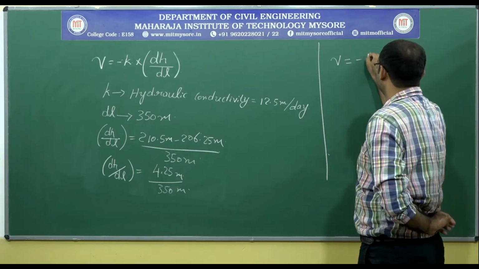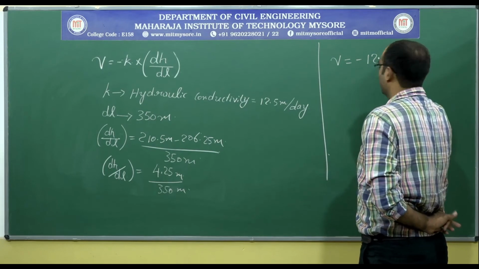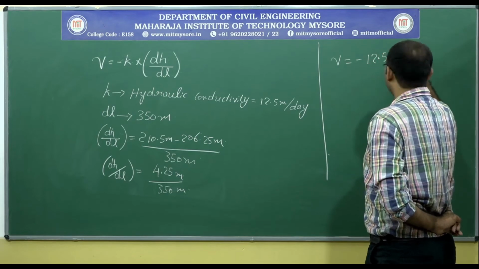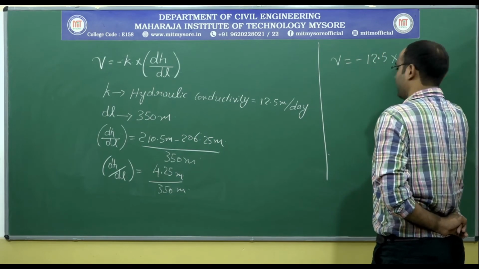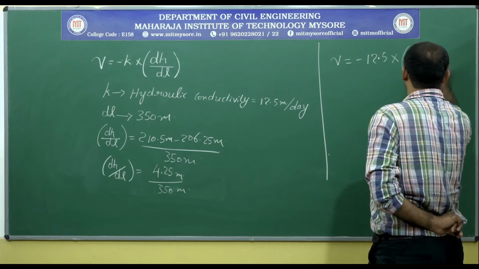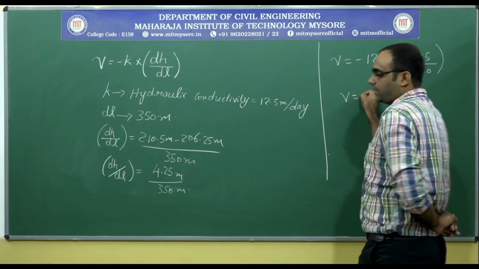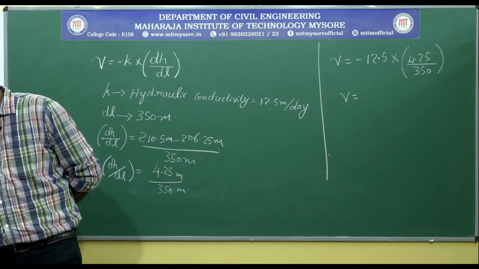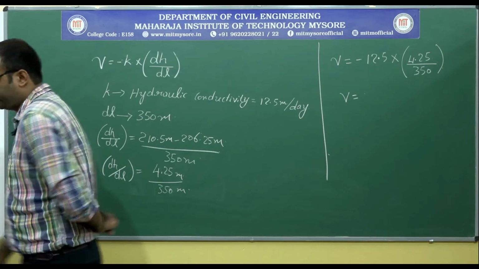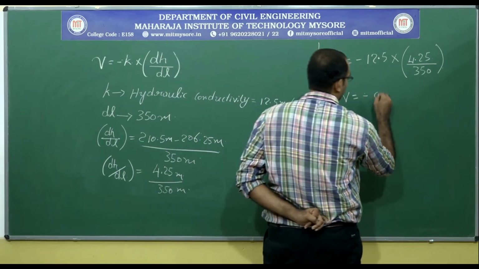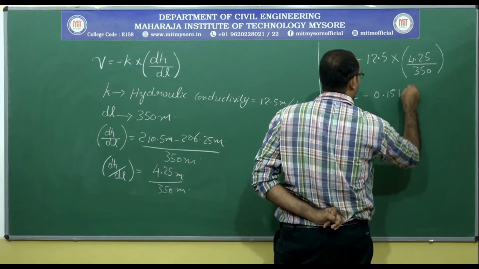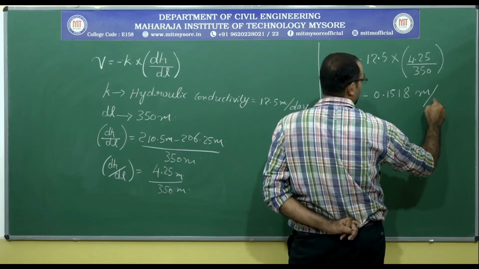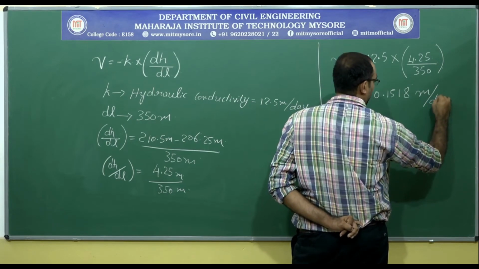The K value is 12.5 and the value of dH by dl is 4.25 divided by 350. So, we will be getting the value of V as minus 0.1518, and the unit of the V is meter per day.